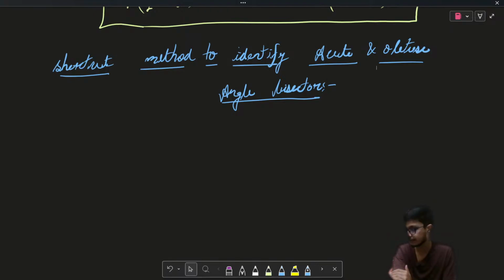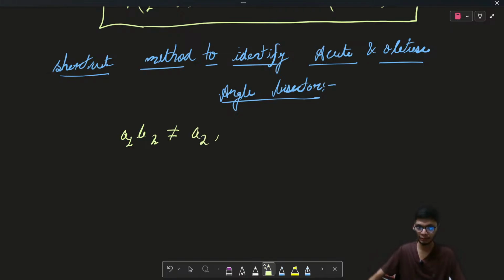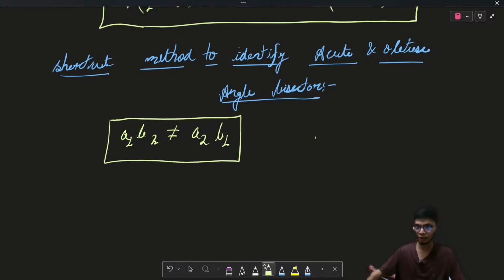To identify that, the easiest way is, first of all, if I have these lines, I have to check whether a1 b2 is not equal to a2 b1. This value should not be equal, and also c should be positive.